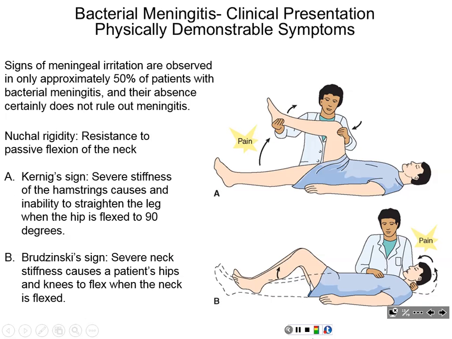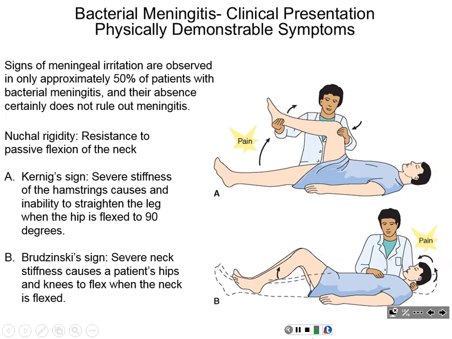And then a couple of physically demonstrable symptoms. These are signs of meningeal irritation based on that increased ICP. And these signs are only seen in about half of the patients that come in with meningitis. Their absence does not rule out meningitis. So the first is nuchal rigidity, and this is just resistance to flexion of the neck because it's so stiff.